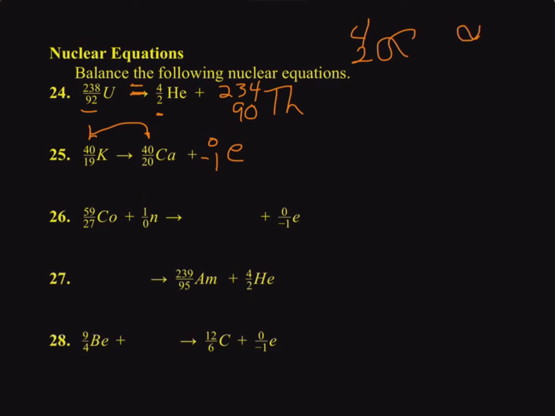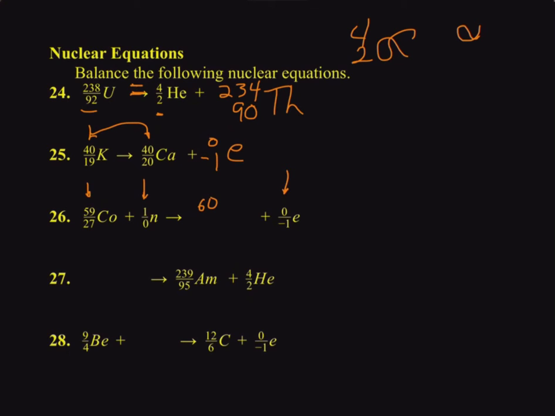All right, in the next one, we have 59 and 1 on the left, and we have 0 so far on the right, which means in order for the numbers to be the same, the missing number here is 60, 59 plus 1.